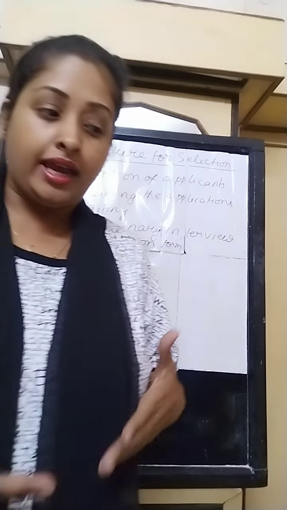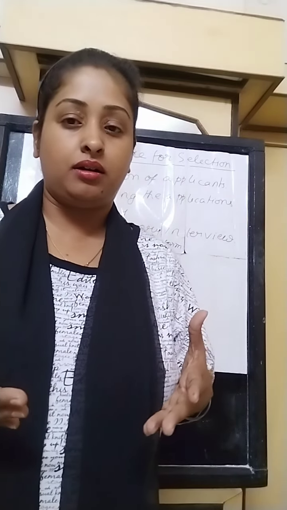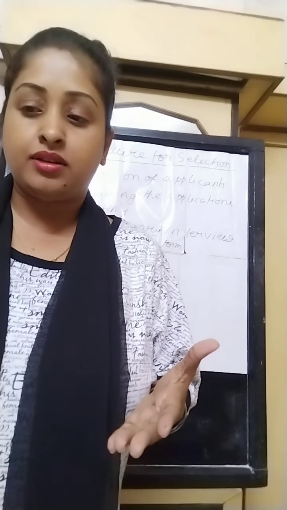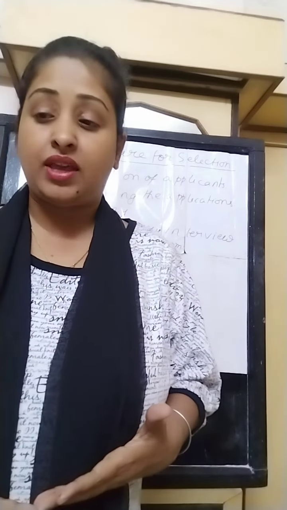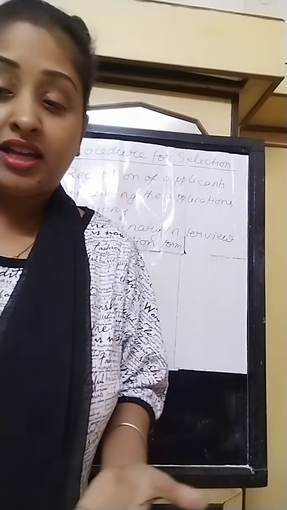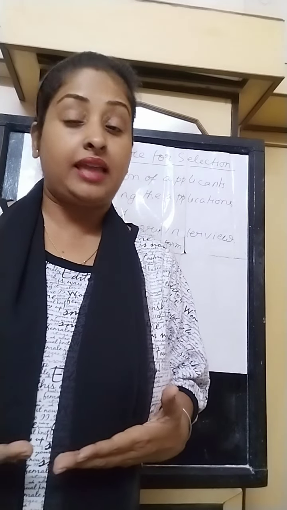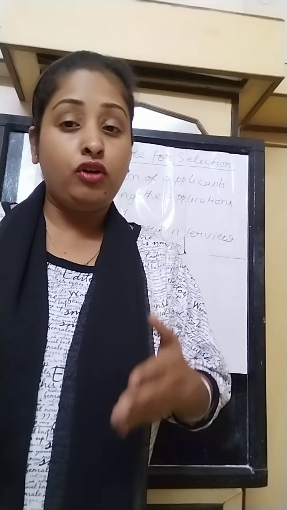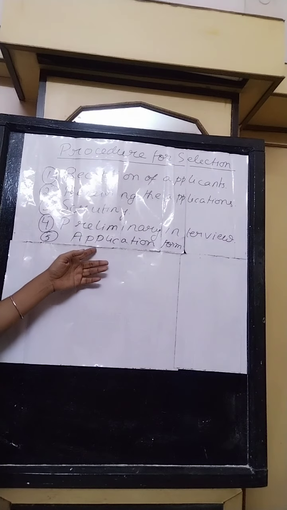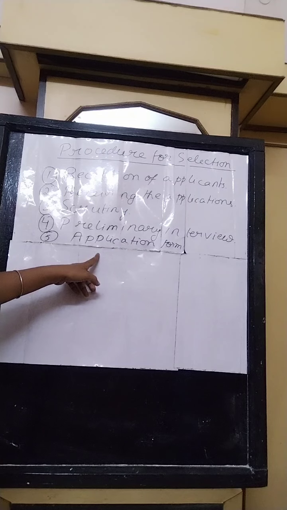Information like their educational qualification, biodata, salary demanded, any references if they have, work experience, and their health conditions. These different categories are to be filled in this application form, which is given to the eligible candidates.